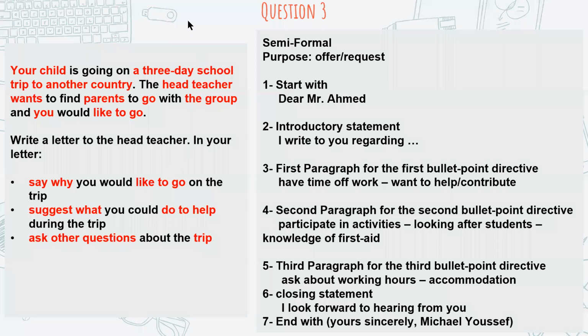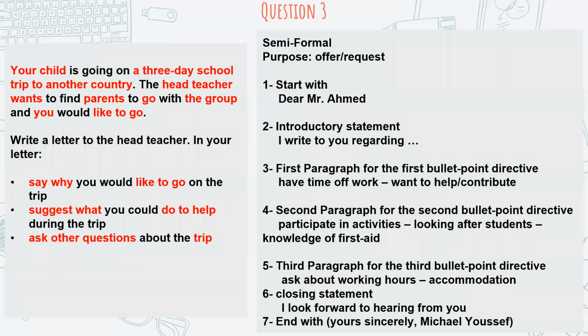Okay, now let's talk about the plan. The letter is semi-formal, of course. I'm writing to the head teacher, so it shouldn't be formal nor informal. The purpose: you are offering to help actually, so it's an offer and a request at the same time.